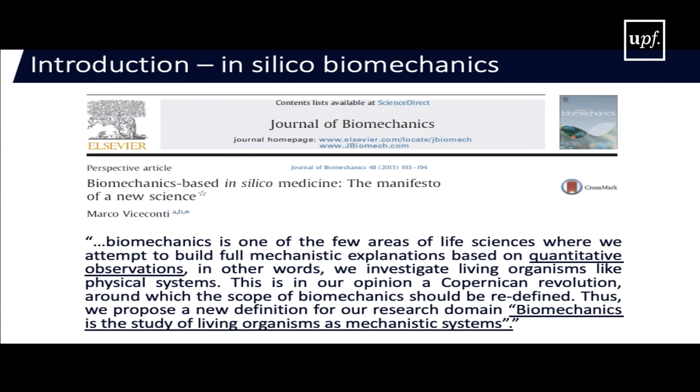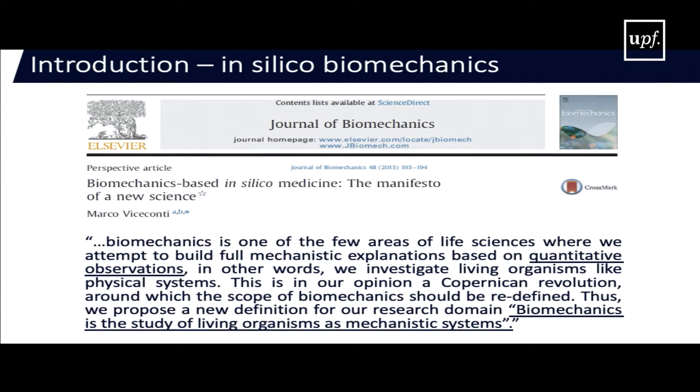Some years later, he also emphasized that biomechanics is a field of science where the living organism can be studied as a mechanistic system.